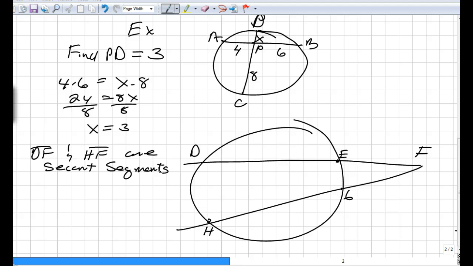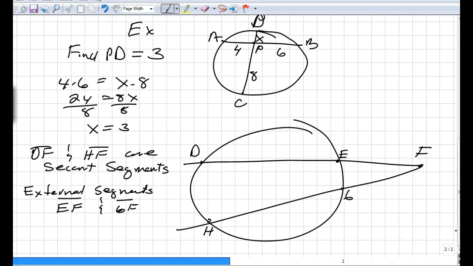But secant segments are the pieces of the secants. And we have two different kinds of segments. We have the segments outside the circle and the segments inside the circle. So the external segments would be segment EF and segment GF. Those are the external segments.